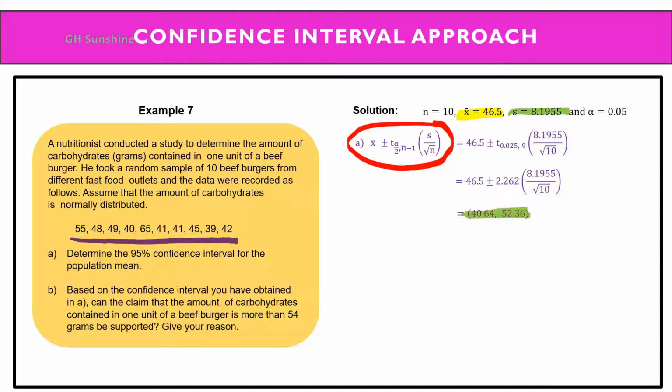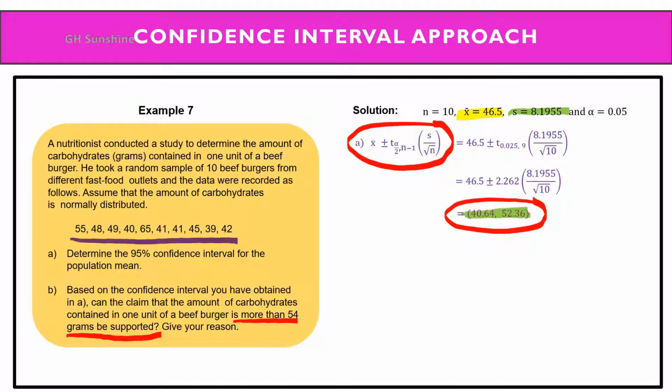Proceed to question B. Based on the confidence interval you have obtained in A, can the claim that the amount of carbohydrates contained in 1 unit of a beef burger is more than 54 grams be supported? Give your reason. So how do we want to answer this question? Using the confidence interval. So the claim is more than 54 grams.